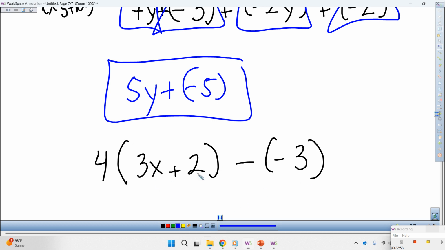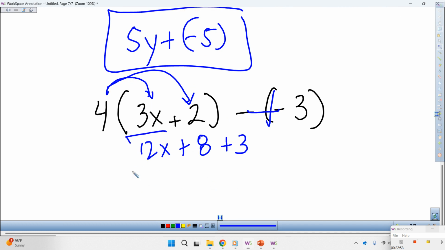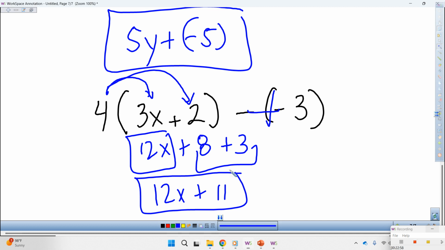Whenever you have a parentheses with more stuff inside and there's only a number in the front, you need to multiply that number to anything inside of the parentheses before you actually do the next step. So here it would be what? 12x plus, what is 4 times 2? 8. This becomes a plus 3. And the rest is history.